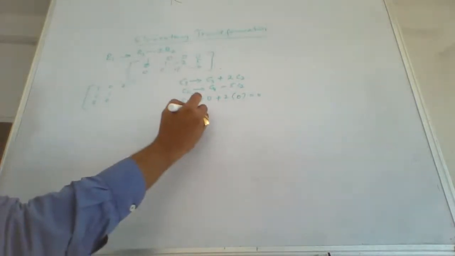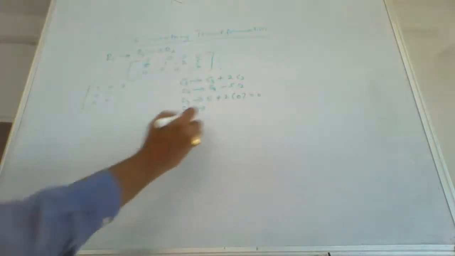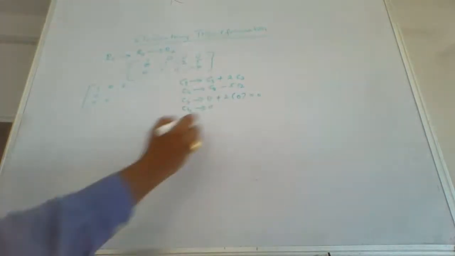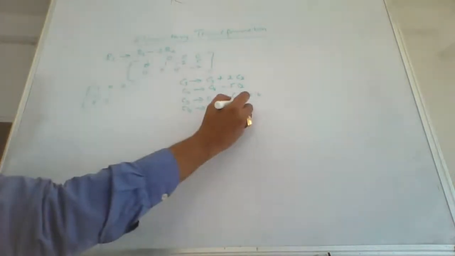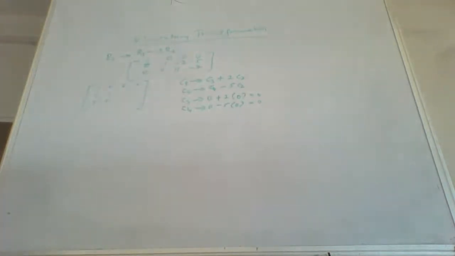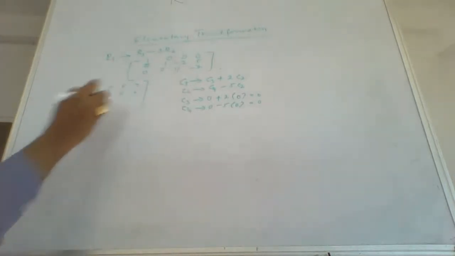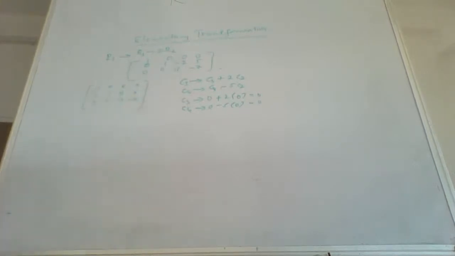Let us see column 4. Column 4 again is 0 minus 5 times column 2, which is 0. So I get column 4 as 0. Likewise, substitute all those things after computing. So I get this again 0, and this is 0, and this is 11, and this is minus 7.